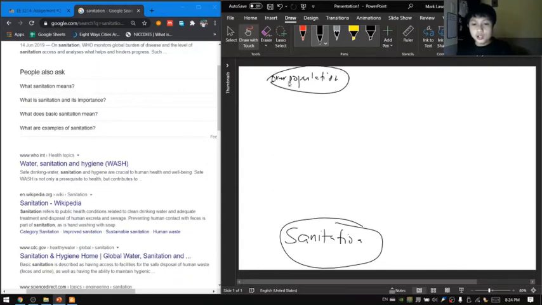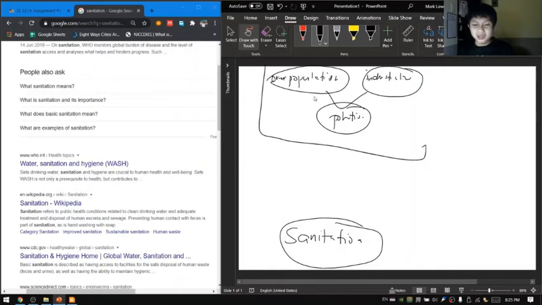It could be overpopulation, could be due to industrialization, could be pollution as well. So this leads to pollution, and that pollution affects water. And actually these are the problems.